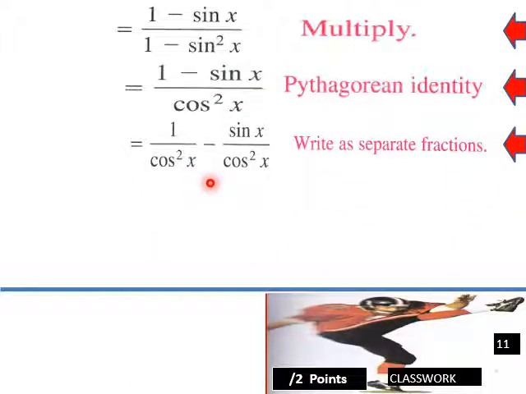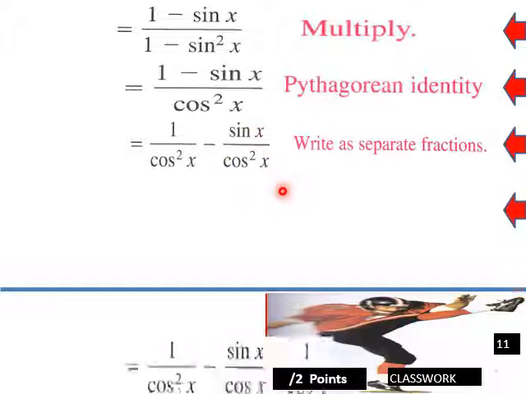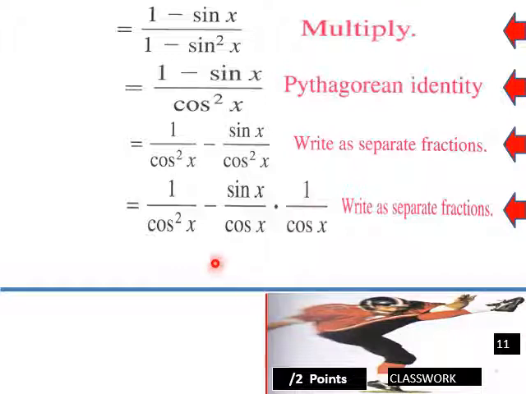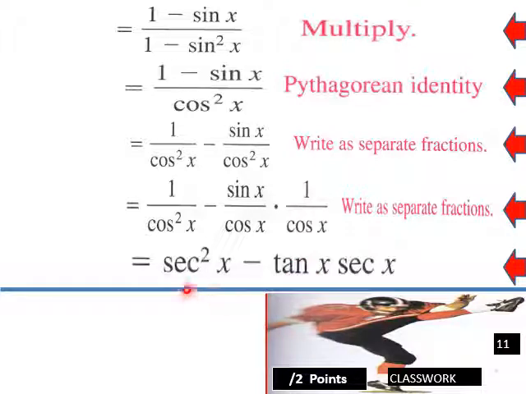And then 1 over cosine squared x minus sine x over cosine squared x. We separate our numerator like that. And then now we can write this as a separate fraction. 1 over cosine squared x minus sine x over cosine x times 1 over cosine x, which will now become secant squared x minus sine over cosine is tan x, and then 1 over cosine x will be secant x.